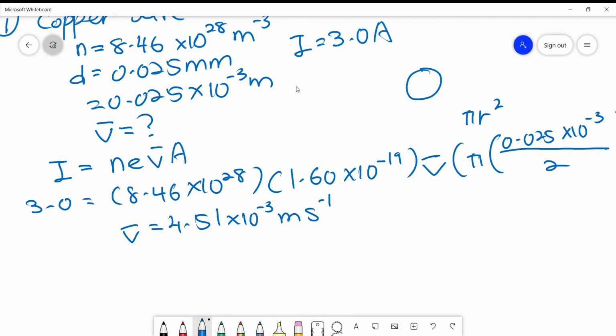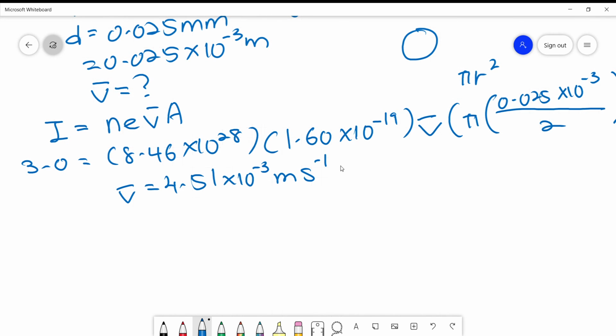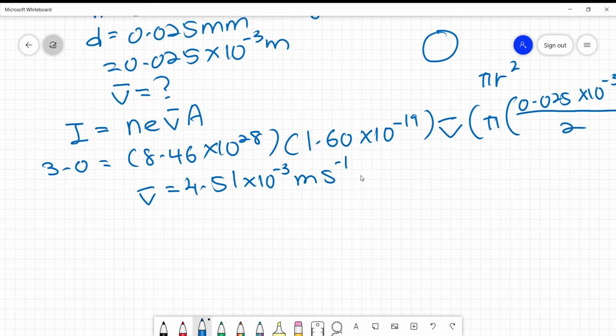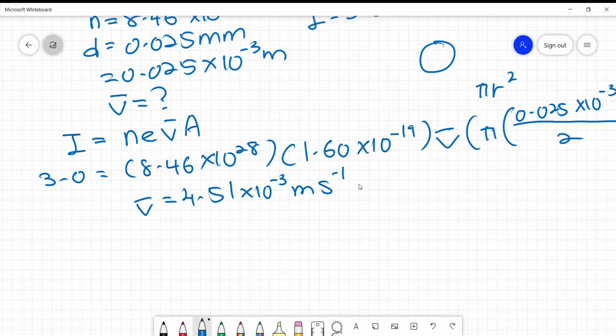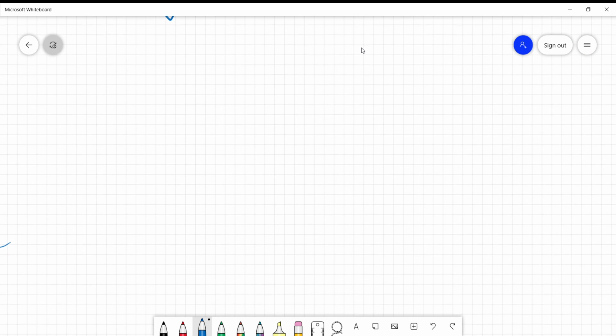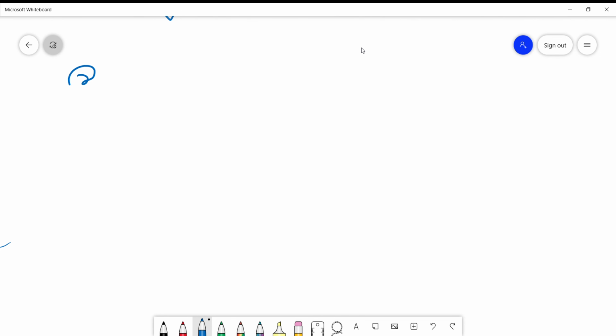The SI unit for the drift velocity is meter per second, same as the normal velocity that we learned. So we have done the first question. Let's move on to the second example.